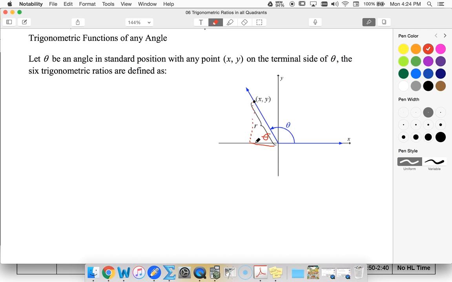And in this right triangle, I know that this length is going to be x, this one is y, and my hypotenuse is the same as a radius that would trace out the circle, which is why I'm calling this r.